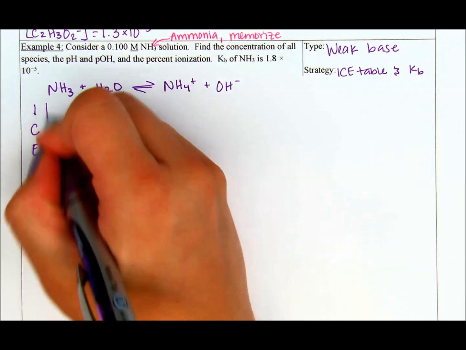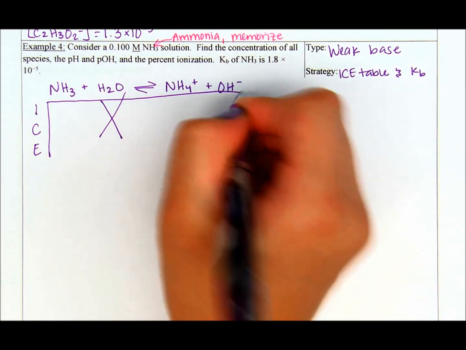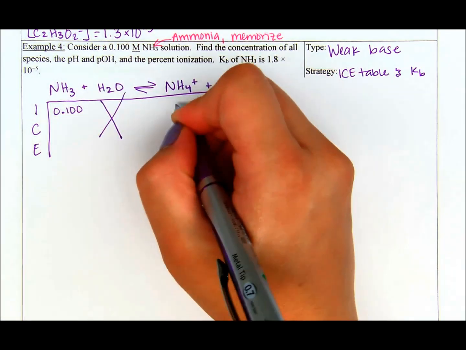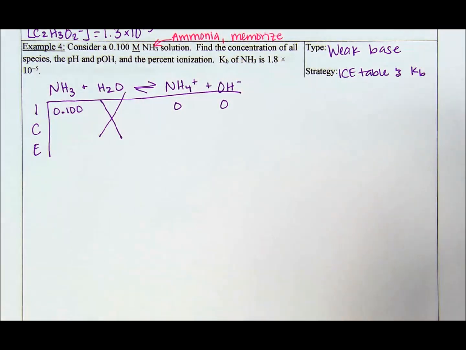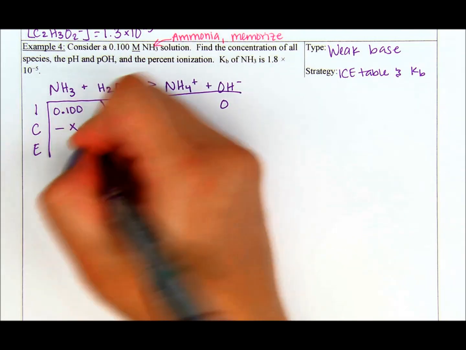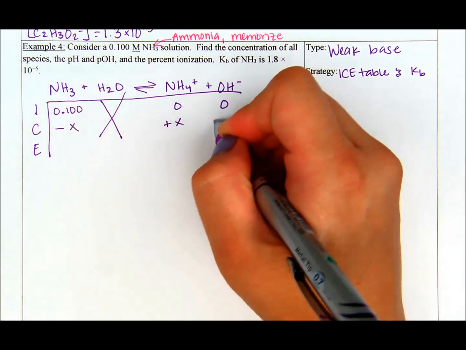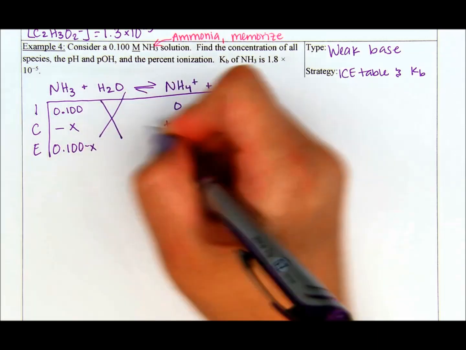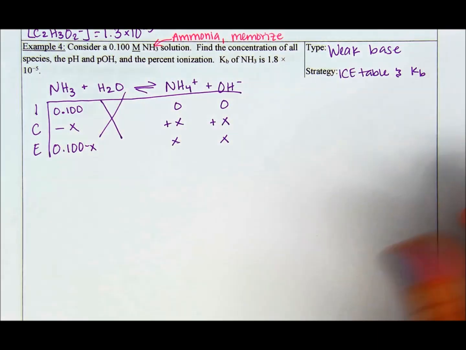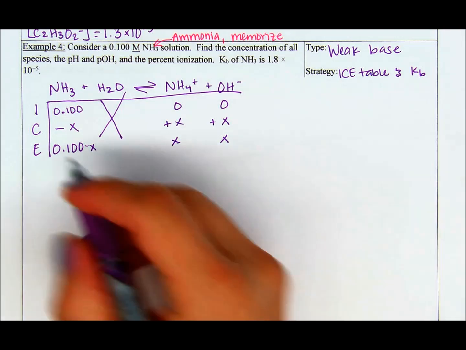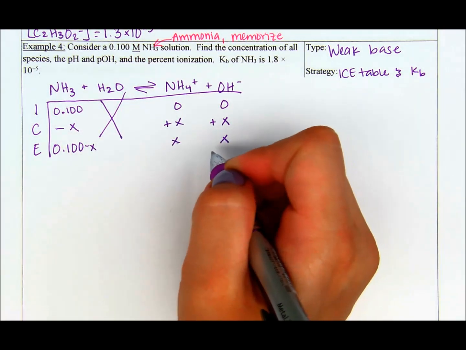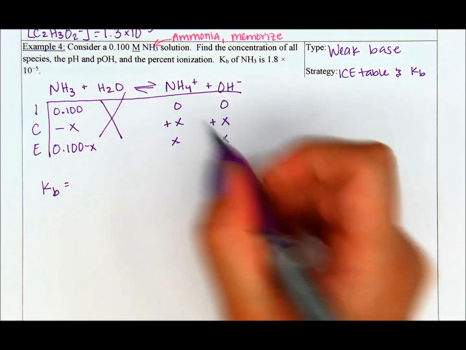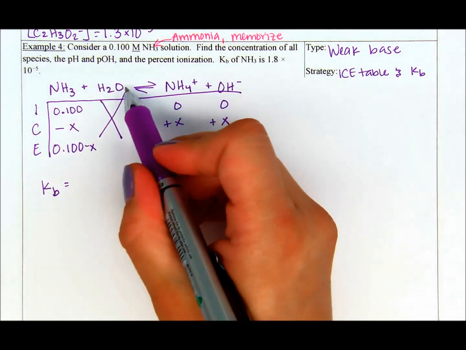So ICE, initial, change, end. So we're starting with 0.100 molar here. We don't have any dissociation yet. Of course, this is weak, so we don't know how much it's going to be. So minus x, plus x, plus x: 0.100 minus x, x, and x. Okay. So let's do our Kb expression, and let's go ahead and figure out what x is. So Kb is going to be equal to products over reactants.